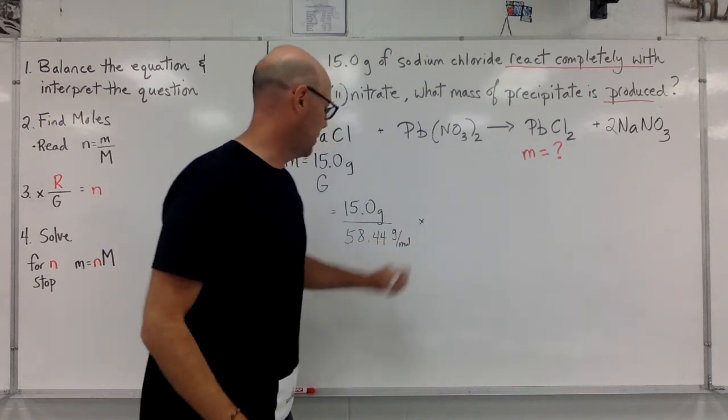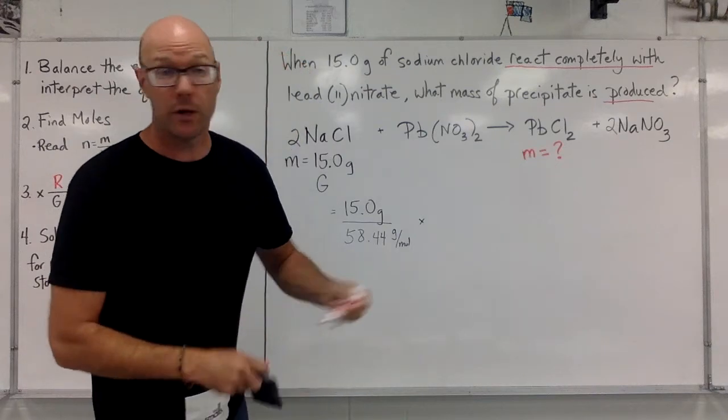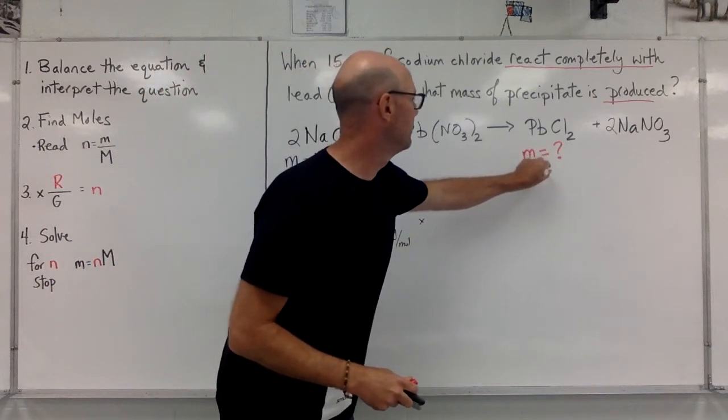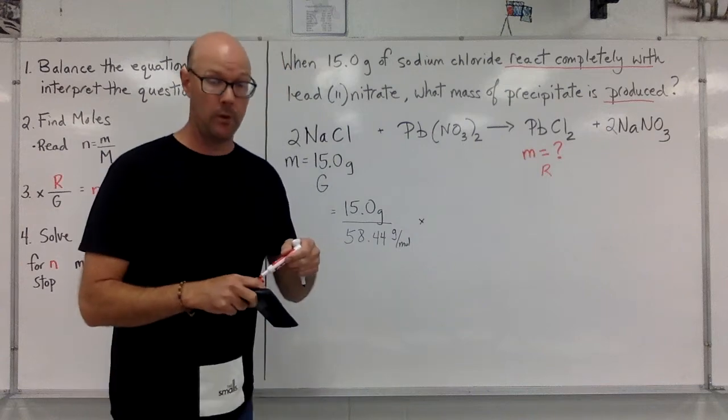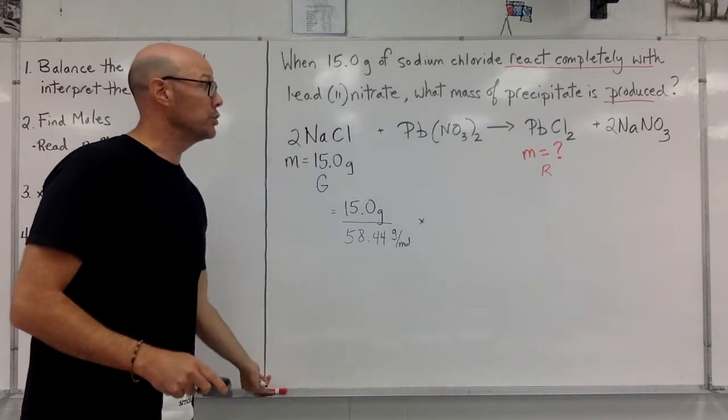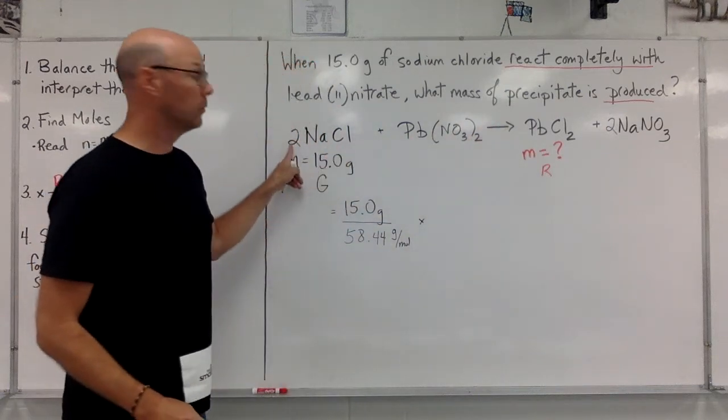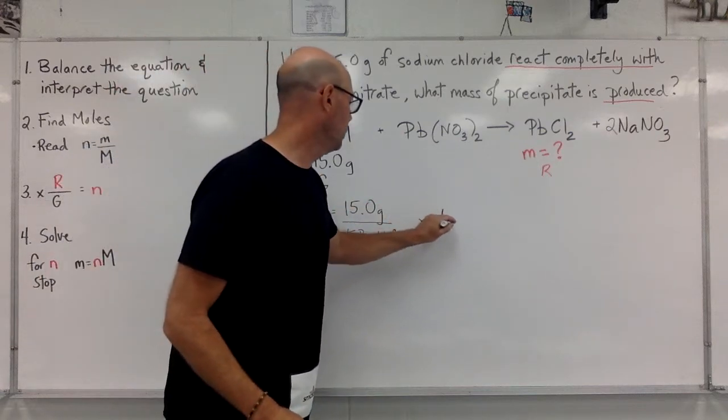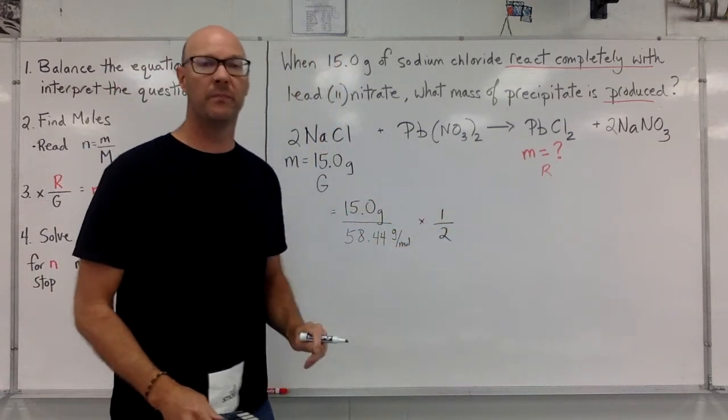Here we're going to multiply by, I didn't write it. Wherever that question mark is, the R. This is R over G. Here we have a 1 over 2.